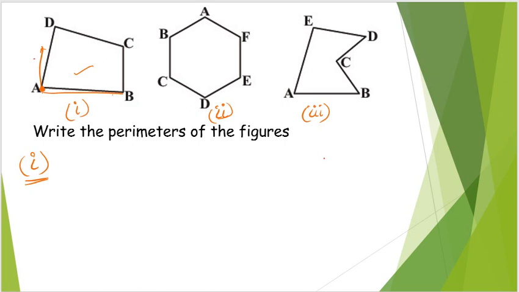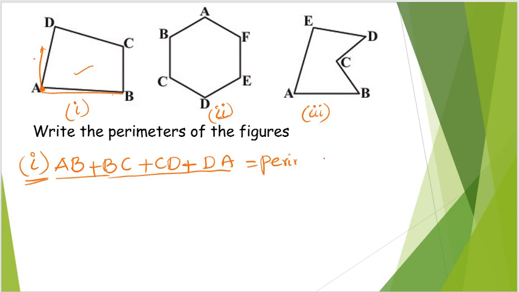So first we go along AB, next along BC, next along CD, next along DA. When you add all these distances, this is the length of the boundary, which we call the perimeter. This is the perimeter of the first figure.